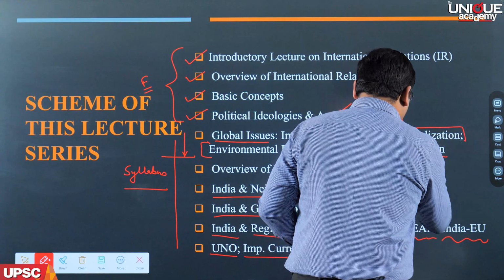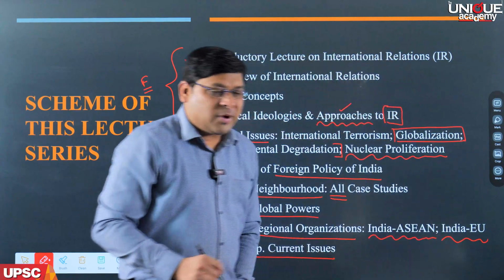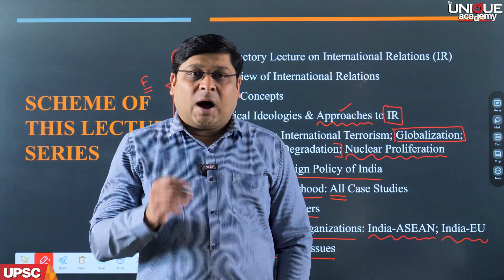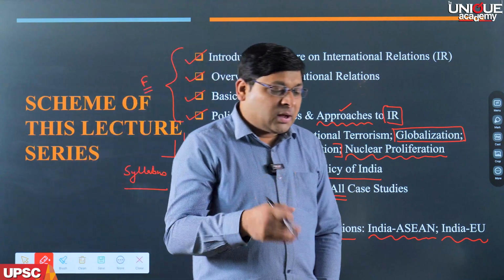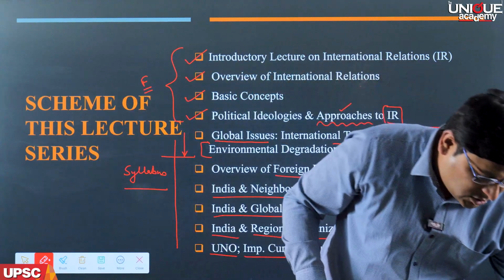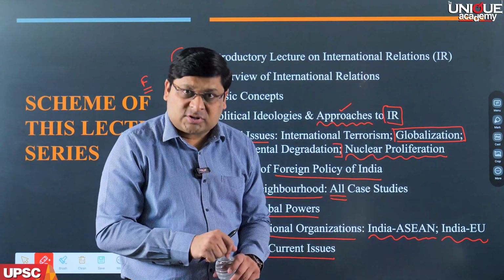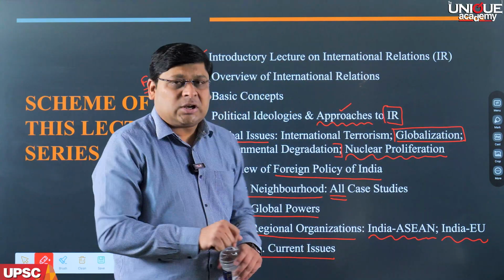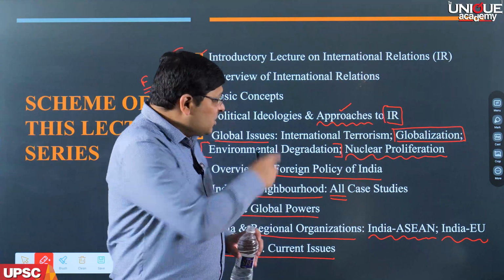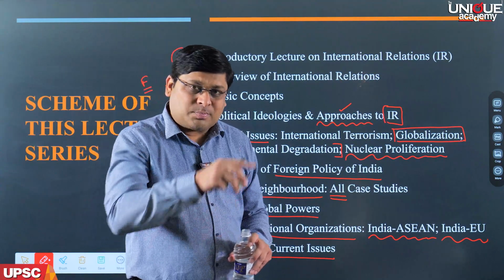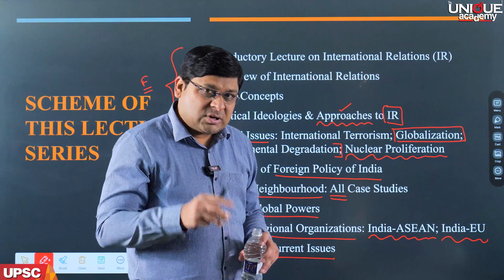Don't you think before we talk about globalization, we have to talk about Bretton Woods institutions and how Bretton Woods institutions laid the ground, laid the foundation, created the environment for globalization to flourish. So it is not that different organizations are not covered. In this discussion, a lot of things will be covered which are part of what is called UPSC syllabus for international relations.